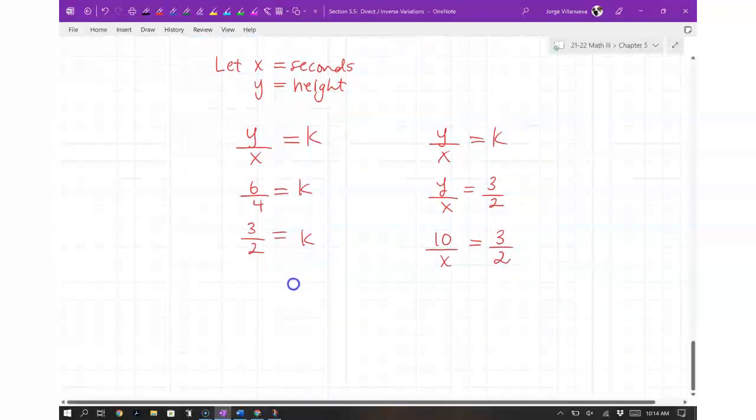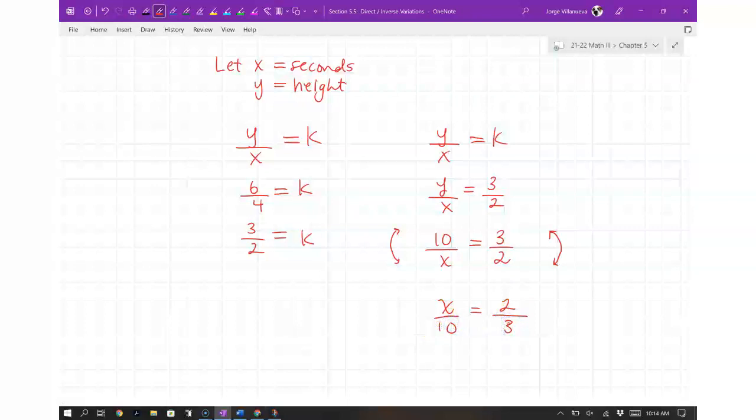In other words, x over 10 is 2 over 3. Did you guys know that? If not, very useful trick. You can just flip them over.